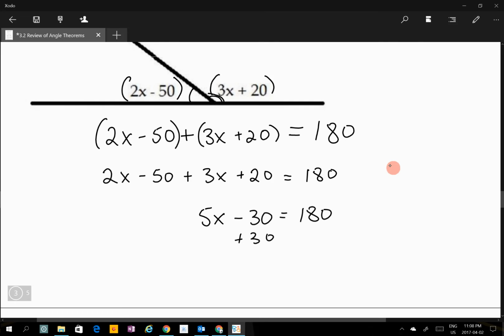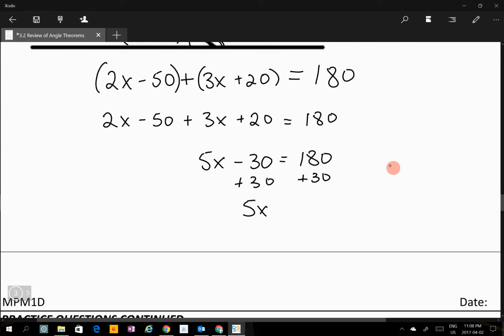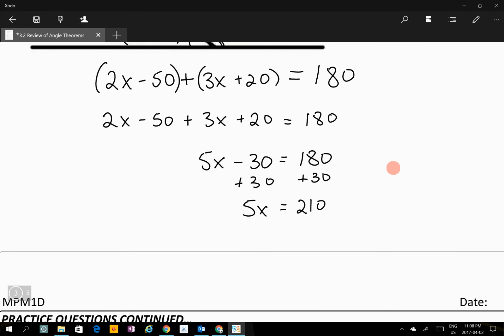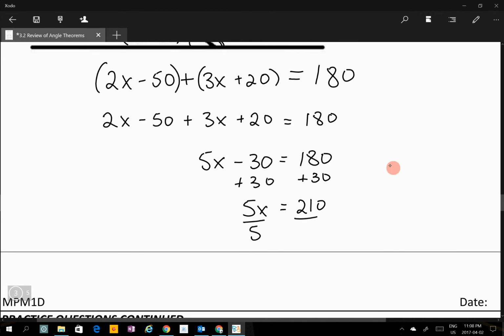If I add 30 to both sides, I get 5x equals 210, and if I divide both sides by 5, I get x equals 42. And there's my answer for x.